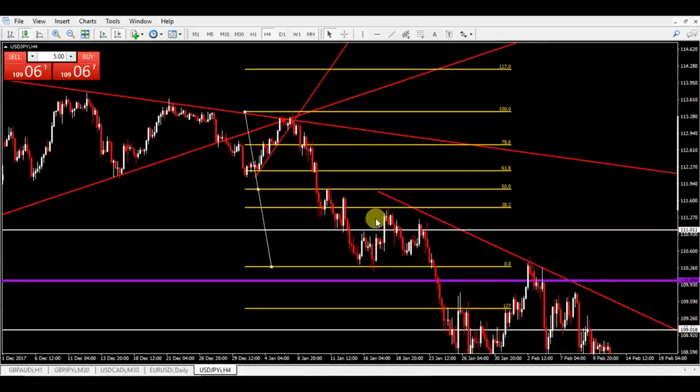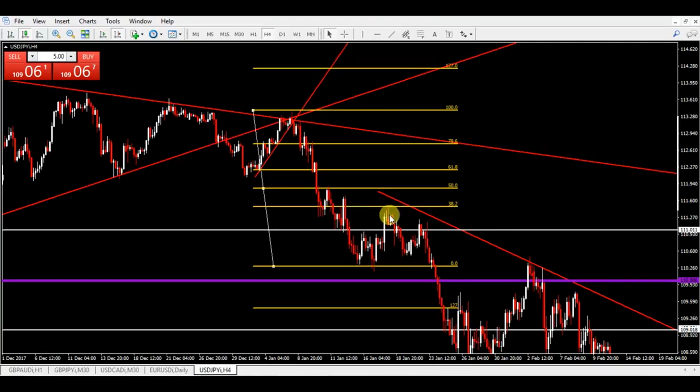We had a less than 61.8 retracement happen. So we had the A, B, C, and it's like, how do we know it's going to turn around there? How do we know it's not going to retrace deeper and go up to the 50 or the 61.8?